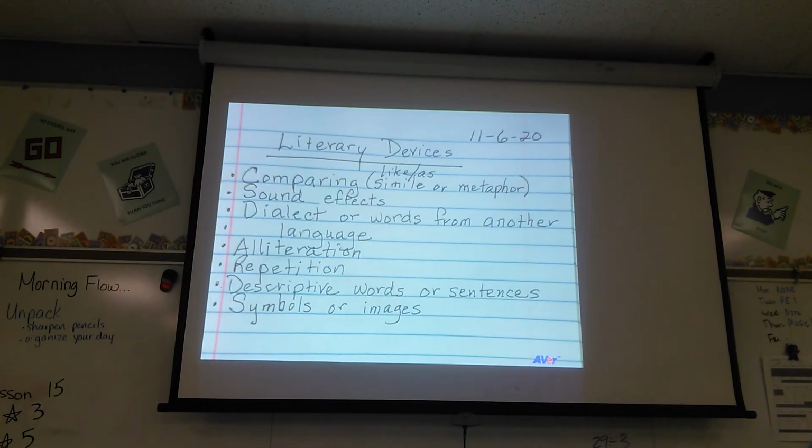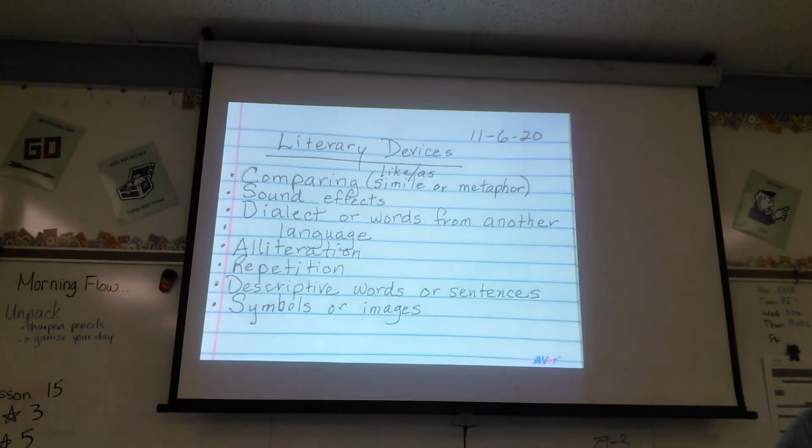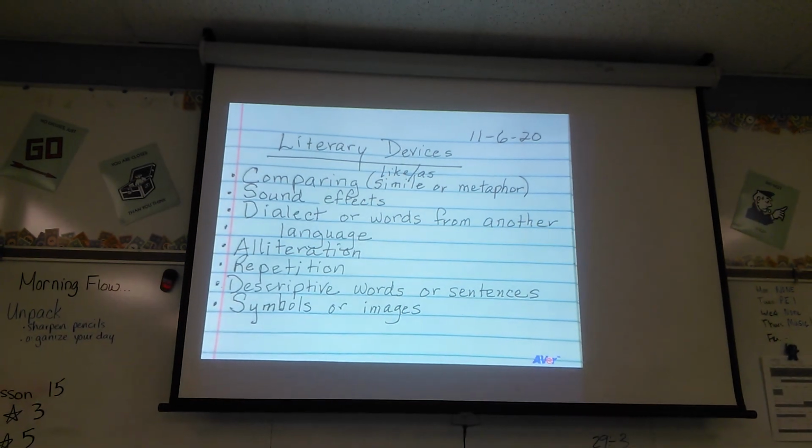One of the things we need to do is to read our text with a lens for identifying the author's craft and recognizing what the use of that craft does to us as a reader.